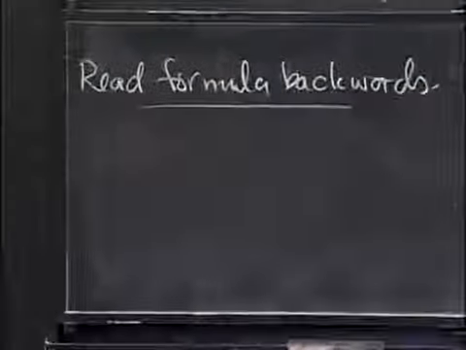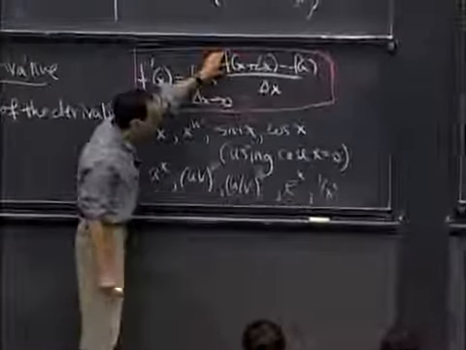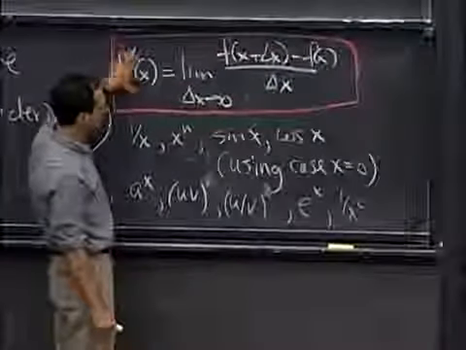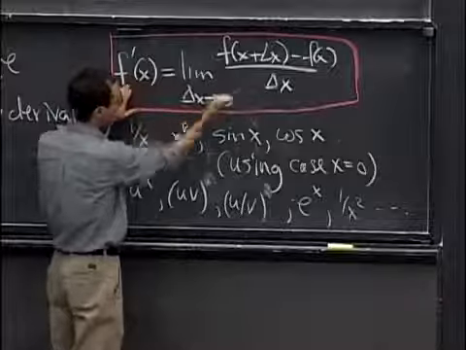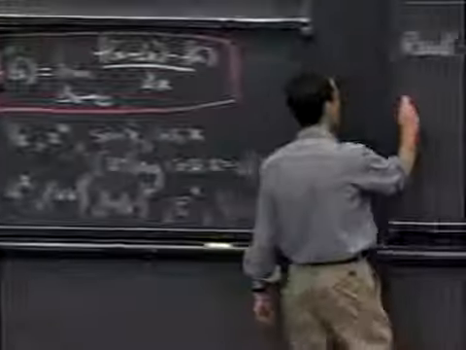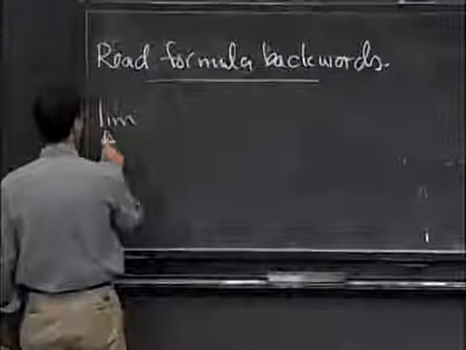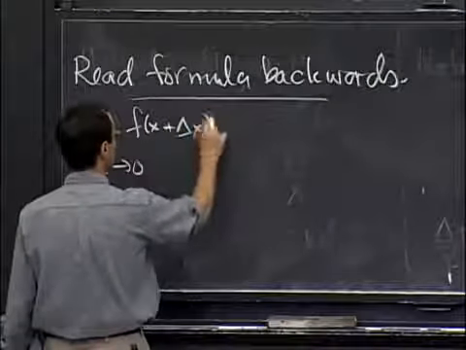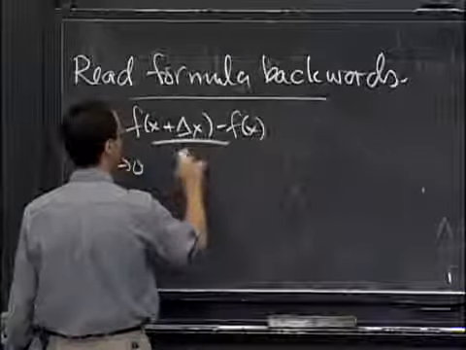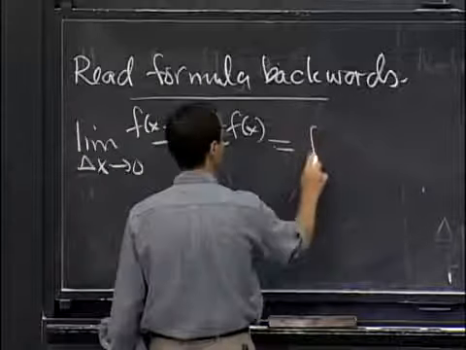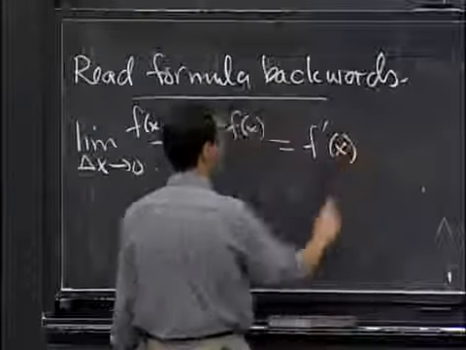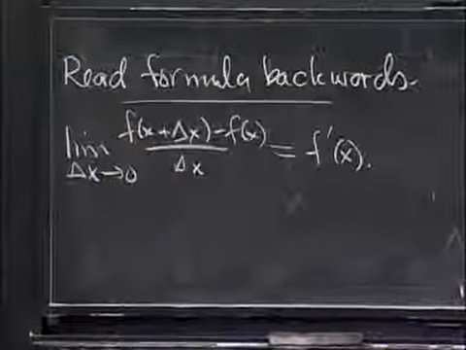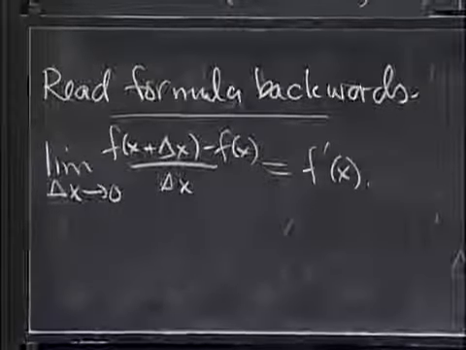Namely, if you're given the function f, you can figure out its derivative by this formula here. That is the formula for this in terms of what's on the right-hand side. On the other hand, you can also use the formula in this direction. And if you know the slope of something, you can figure out what the limit is.